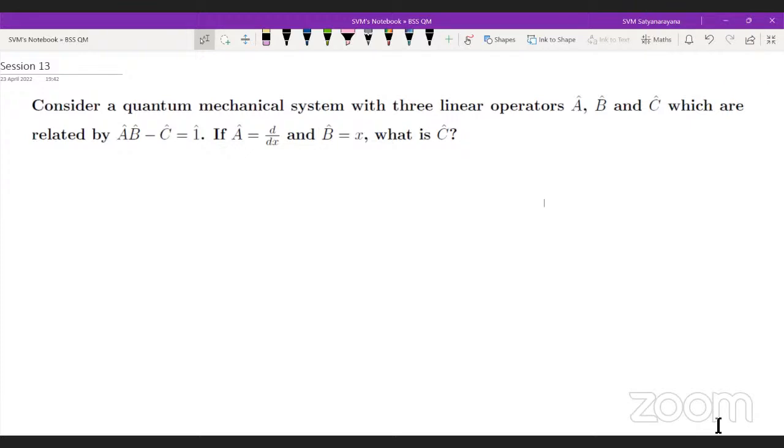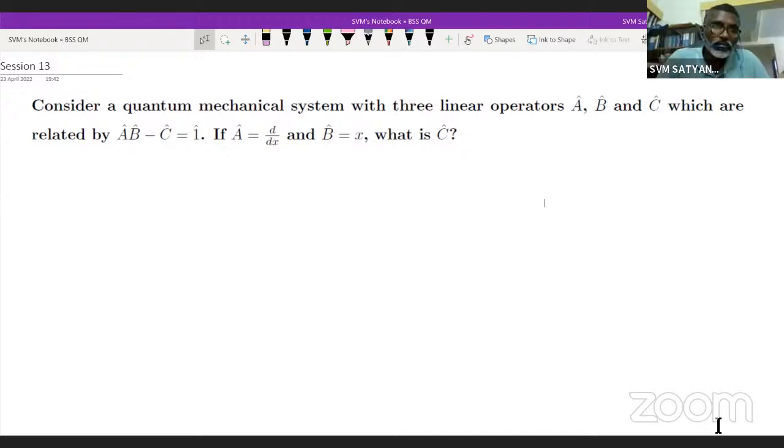Yes, sir. Deepika, maybe we will use this method, sir. That means linear operator, that means wave function. We put the wave function, sir. Where do you want to put the wave function?